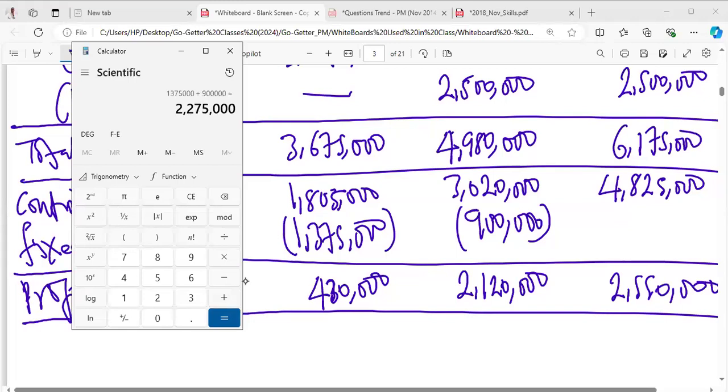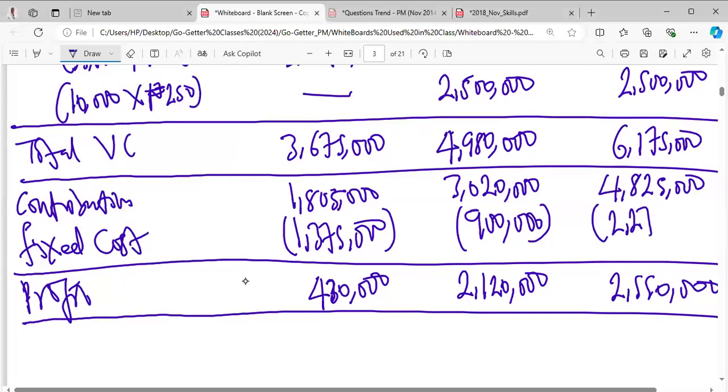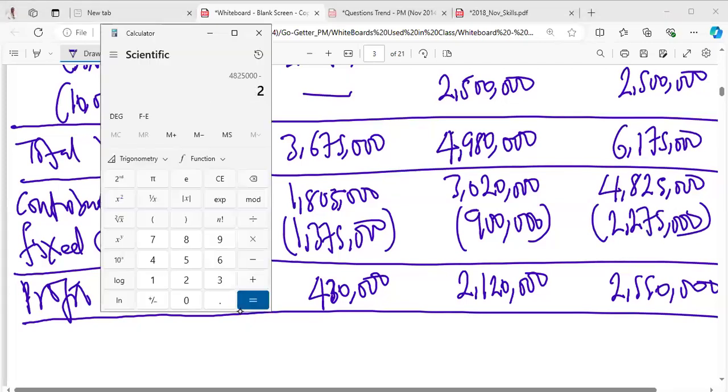That will give me 2,275,000. So if we remove that, 4,850,000 minus 2,275,000, you see that we have our 2,550,000.